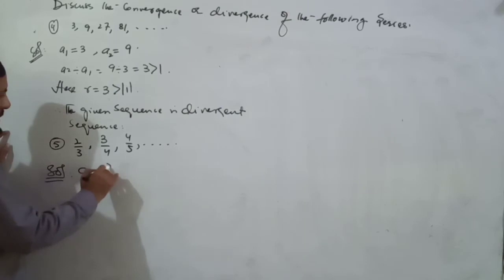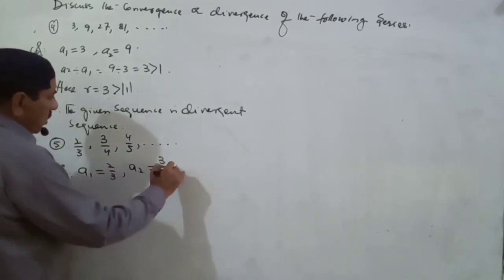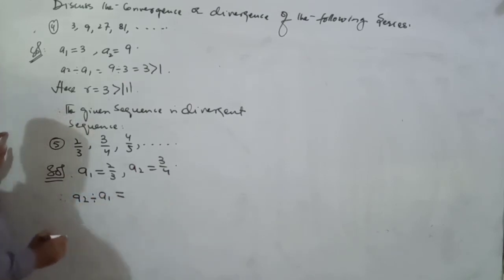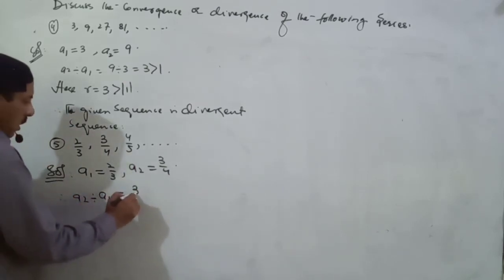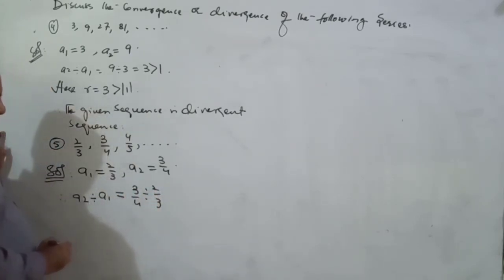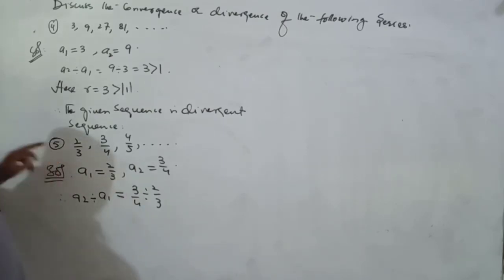Here A1 is equal to 2 upon 3, A2 is equal to 3 upon 4, A2 divided by A1 is equal to 3 upon 4 divided by 2 upon 3, or A2 by A1 means 3 upon 4, 2 upon 3.